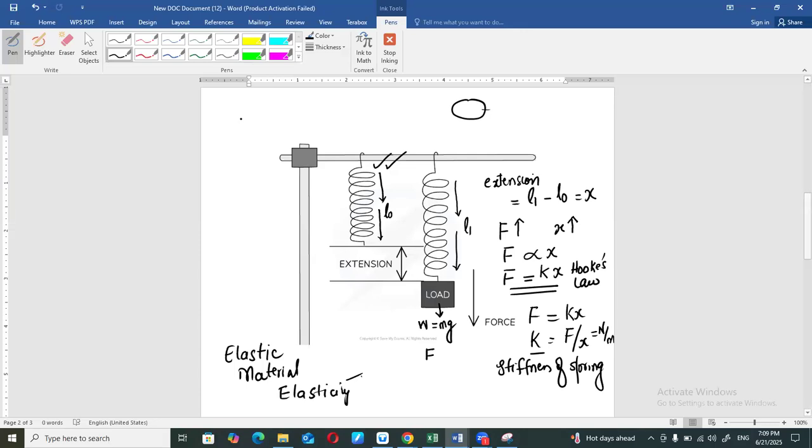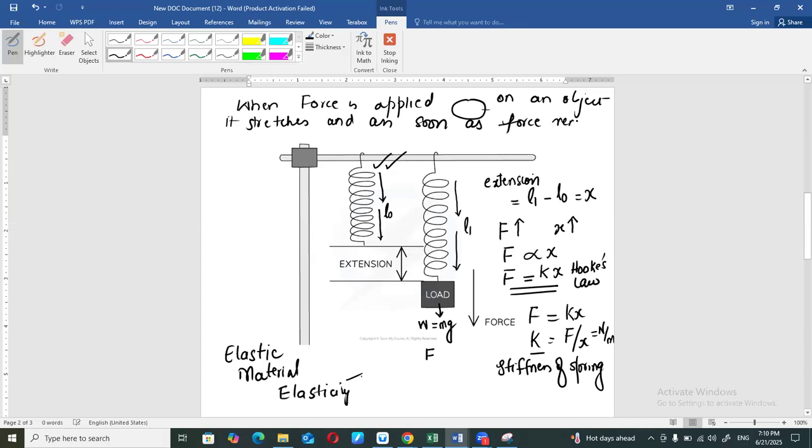So what is elasticity? Elasticity is the property of an object that when force is applied, now I'm talking generally, on an object, it stretches, and as soon as the force is removed, the object comes back to its original shape.